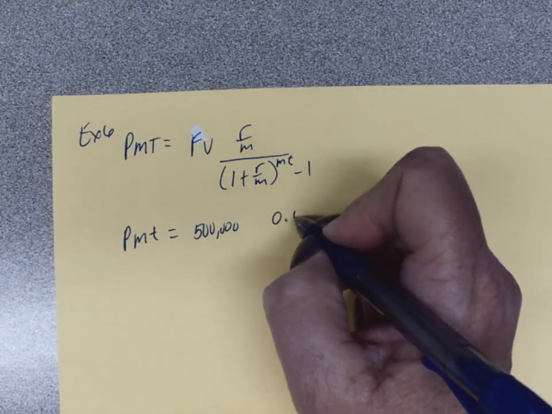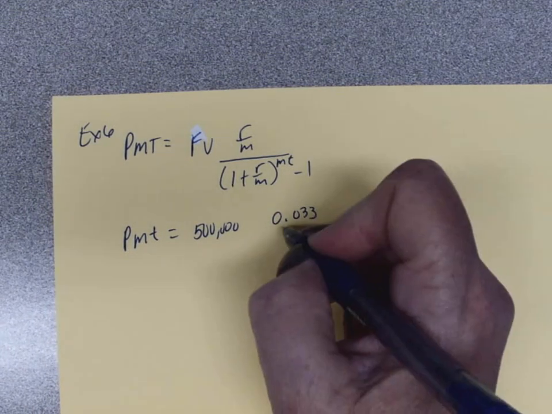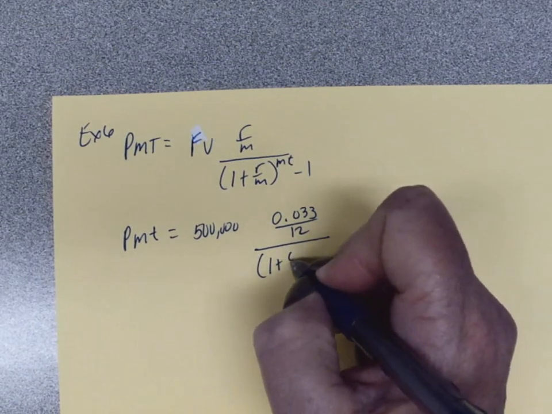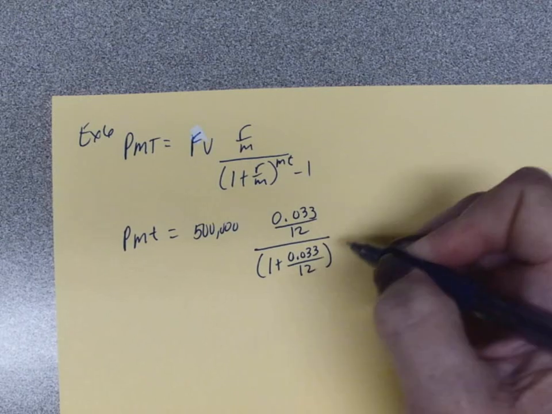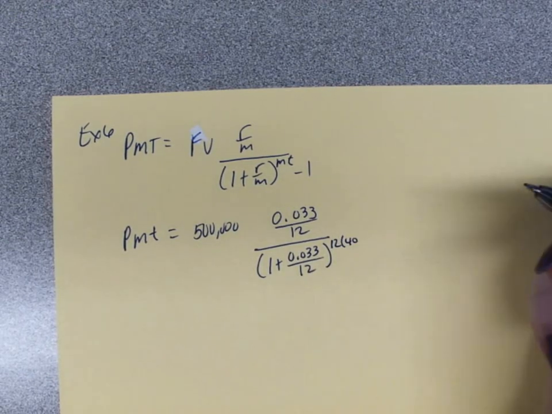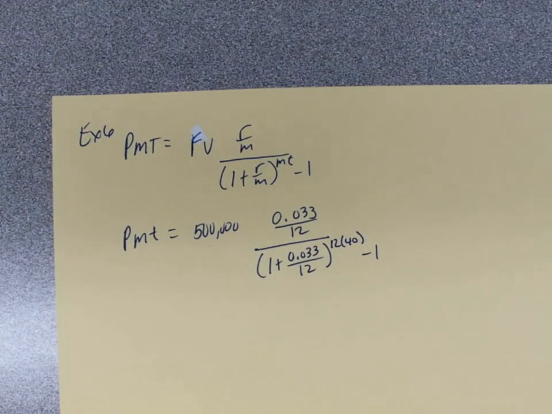We have 0.033 as our interest because it's 3.3%. And it was compounded monthly, so divide by 12. Divided by 1 plus our 0.033, divide by 12, raised to the M times T, so 12 times 40 minus 1.